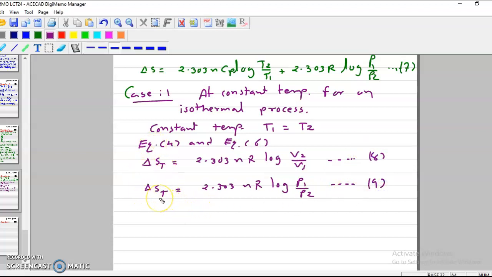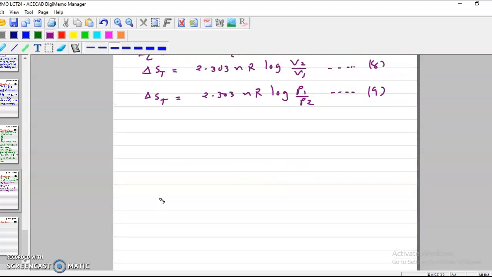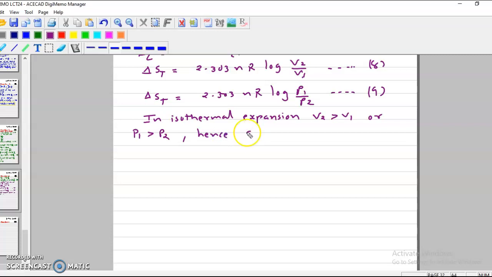In isothermal expansion, V2 is always greater than V1, or P1 is always greater than P2. Hence, delta S at constant temperature is positive.